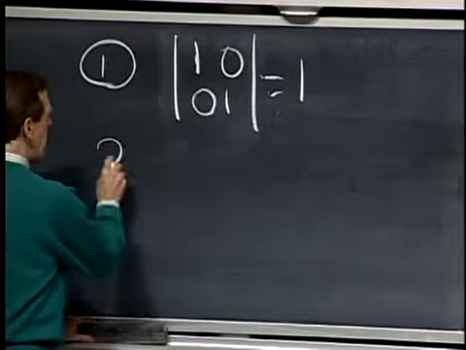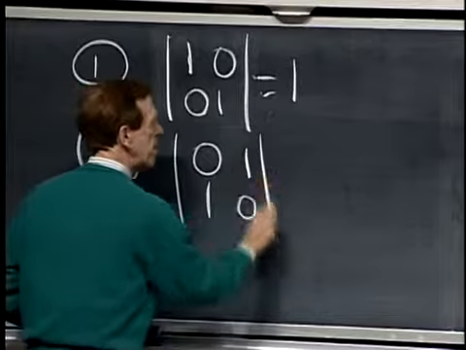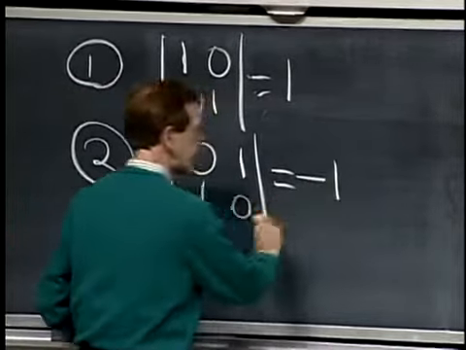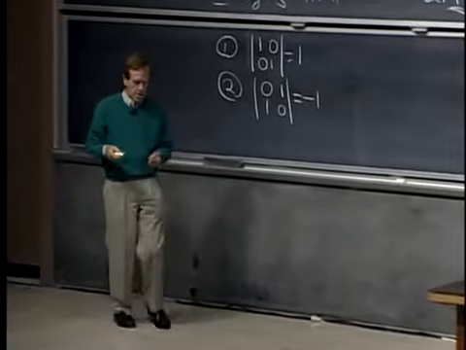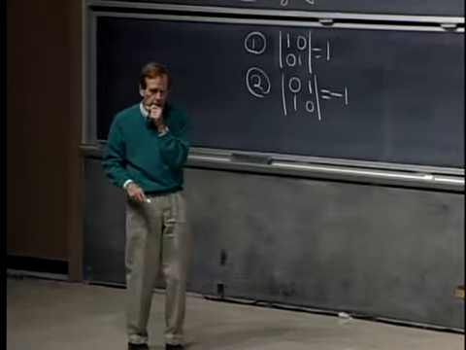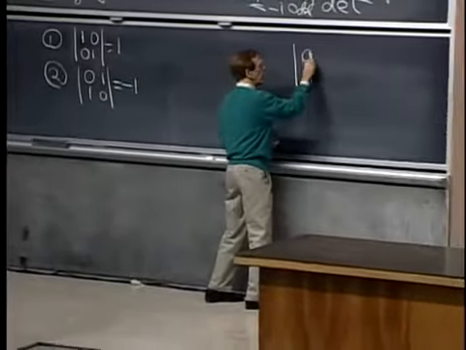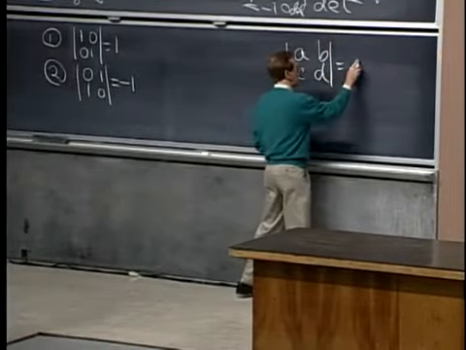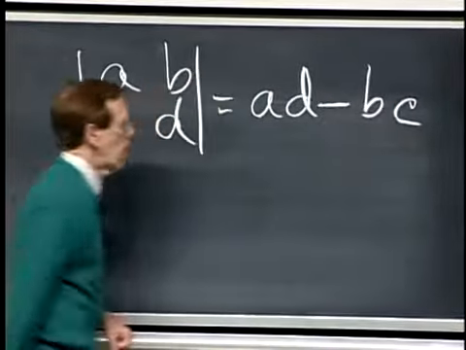Property 2 tells me that this exchanged matrix has determinant negative 1. And ultimately I want to get to the formula that we all know. Let me put that way over here: the determinant of a general 2 by 2 is ad minus bc.